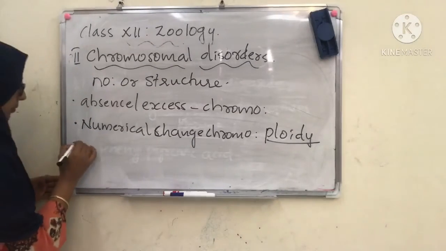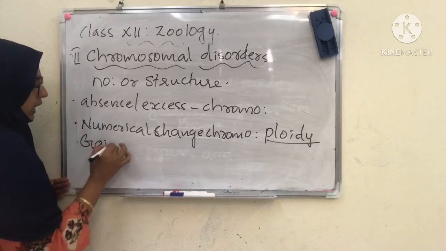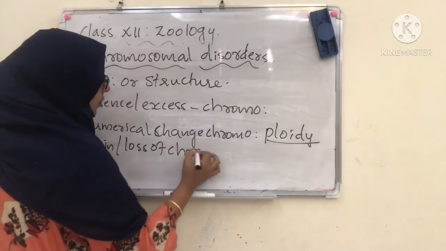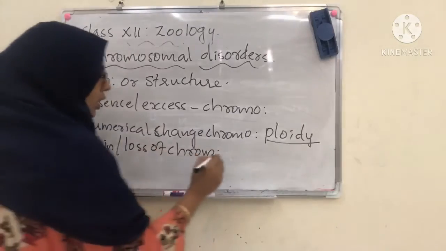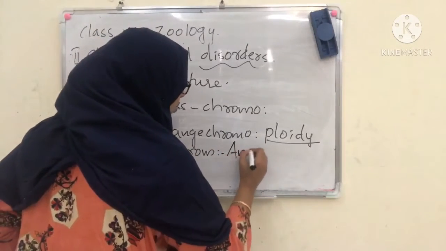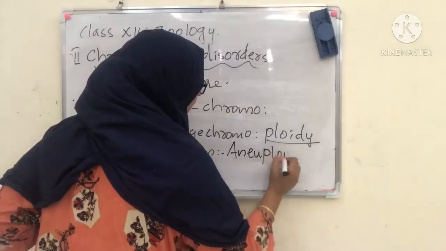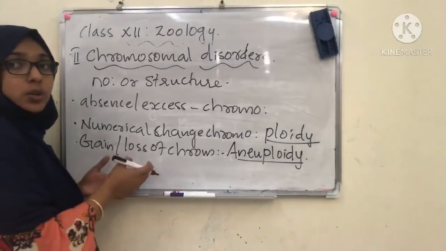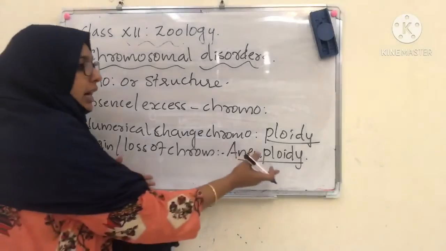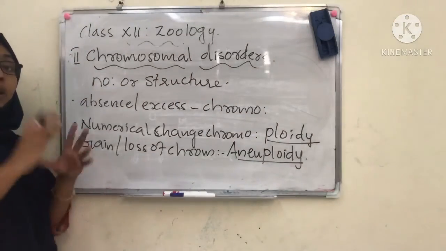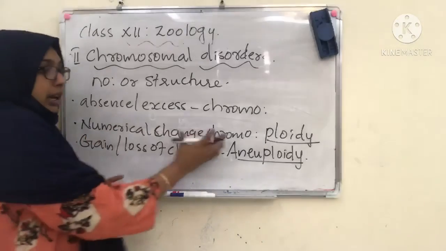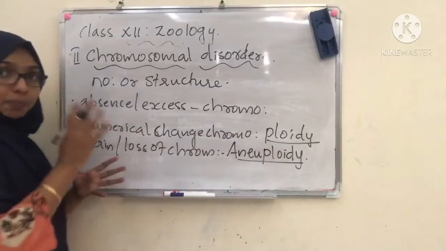Again, gain or loss of a chromosome is known as aneuploidy. Either the gain or the loss of a chromosome is termed as aneuploidy. The total numerical change in the number of chromosomes is known as ploidy.